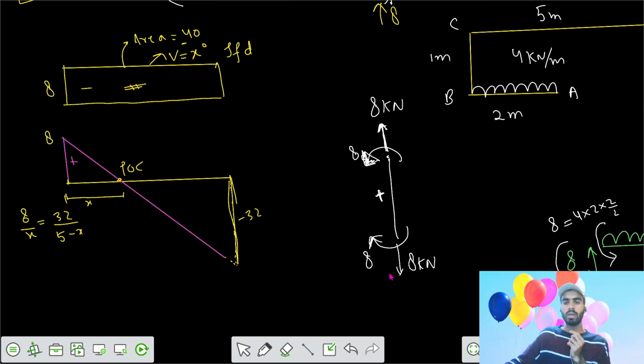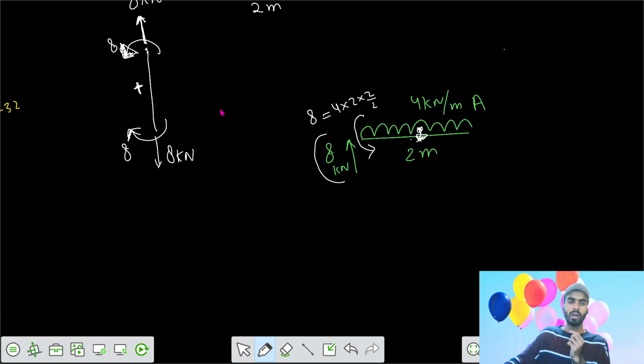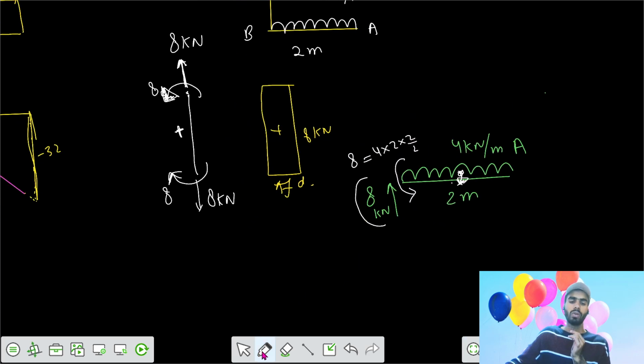Then we have the axial member, where there would be only a tensile axial force. So we can write it as positive. This is your positive axial force diagram for this member. And if you want to make the shear force diagram, since there is no transverse force perpendicular to this member, the shear force diagram is this one.